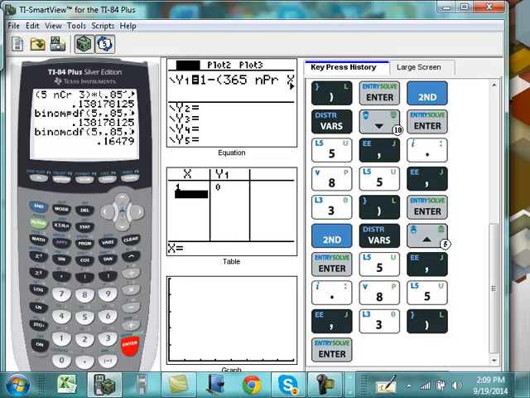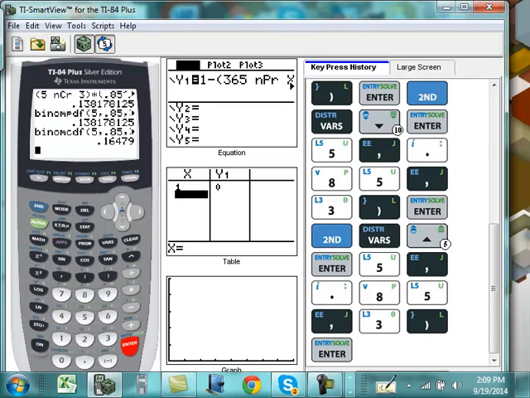All right, let's talk about Poisson probabilities. We calculated the probability of there being 2 hurricanes in a year, and that calculation was what?